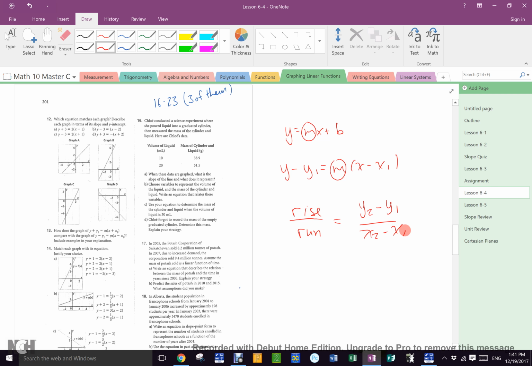So could I not put that in for M? Everybody with me? So as long as you know any 2 points, are you also able to find M? Yes. And if you have any 2 points, do you also have y's and x's to use point slope form?